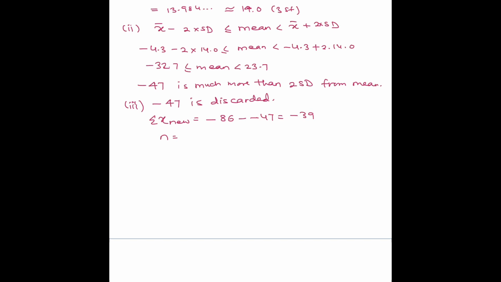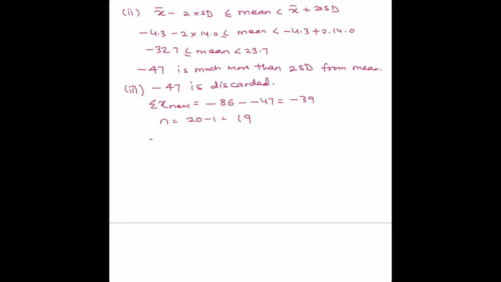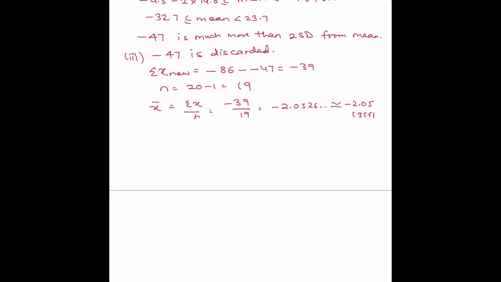So this is negative 39. Now n, which was 20, minus 1, now new n is 19. x bar is sigma x over n, negative 39 over 19. So that's negative 2.0526, negative 2.05 to 3 significant figures.